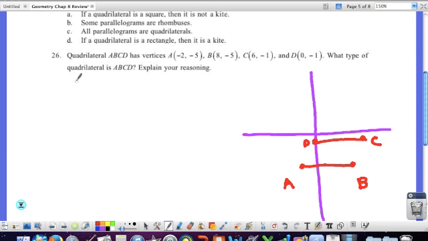So right now, slope of AB is equal to slope of DC, because this one says explain your reasoning. And I said on the review, it's going to be actually a few extra points on the test, so let's pay attention.